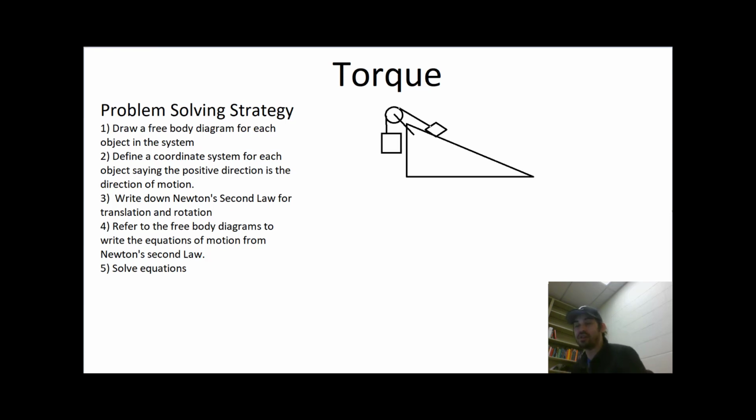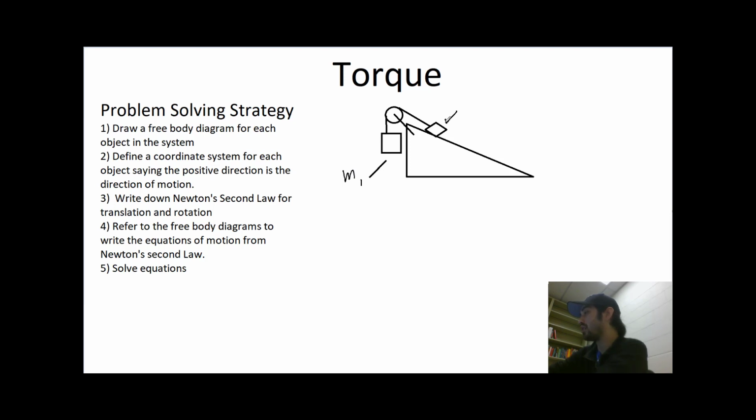Okay, so let's see how we can apply these problem-solving strategies in practice. Let's consider this rather challenging problem and show how we can go through the strategy in order to find the acceleration of this system. There are a couple of things I need to label first. This mass has a mass of m1.